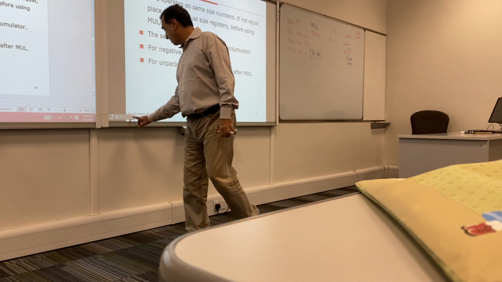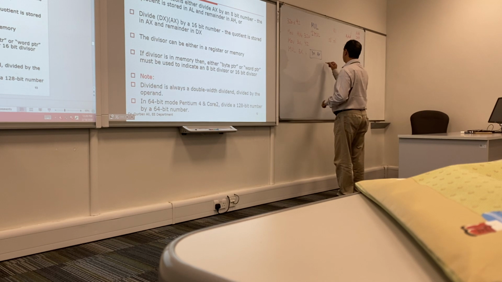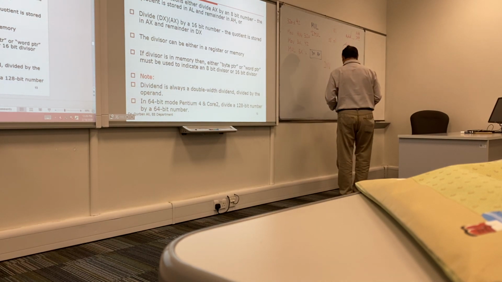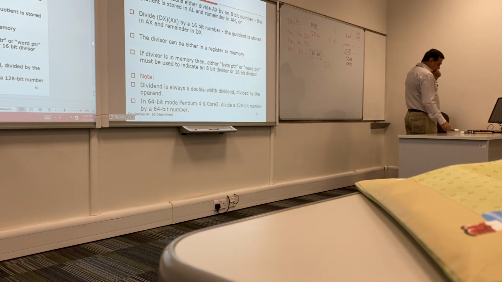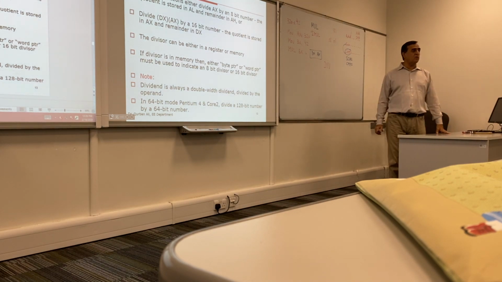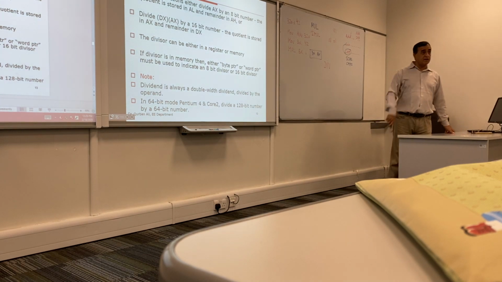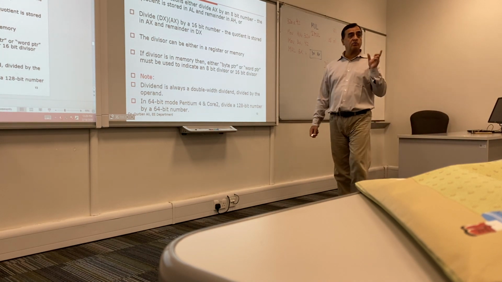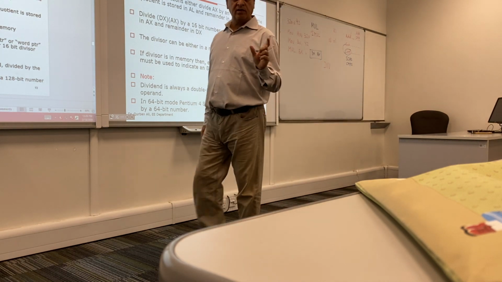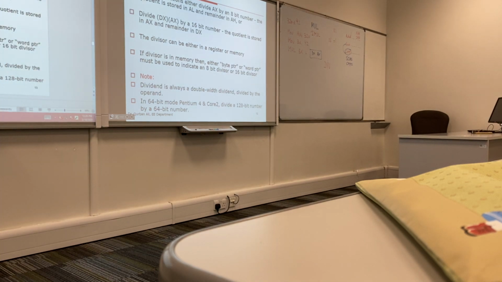Okay, let's go to the division now. Do you remember the rule for multiplication which we just did? From the beginning, we said whenever we multiply two numbers, it is possible that the answer will be the double size, right? But in division, it is opposite.